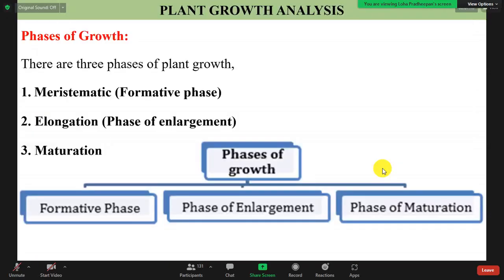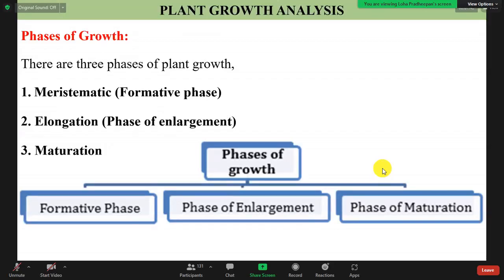Then we will see the stages, or phases, of plant growth. Normally we can see three phases of plant growth. First, the meristematic, or formative, phase, in which cell division mainly happens.